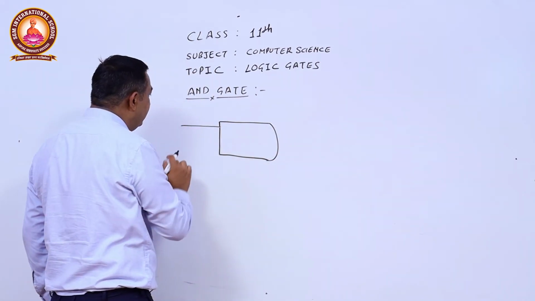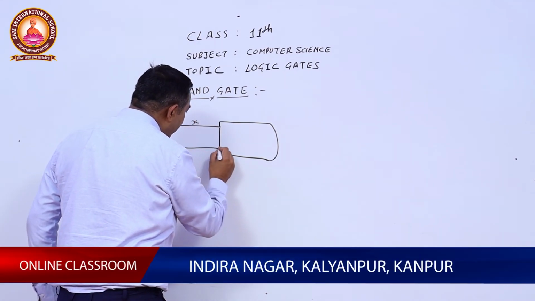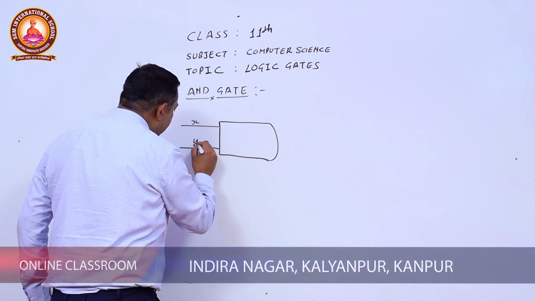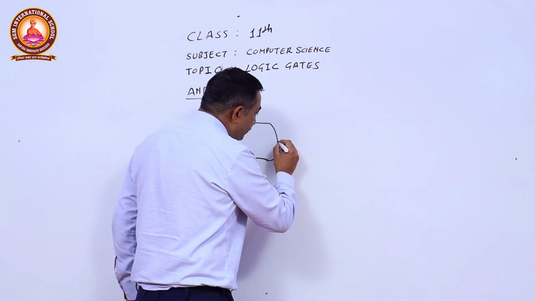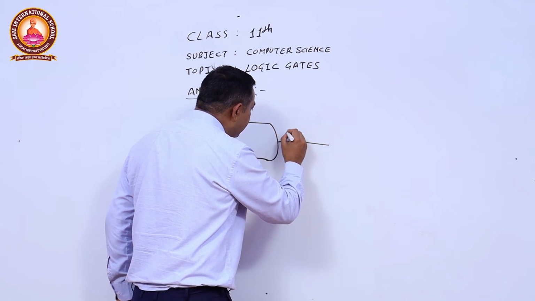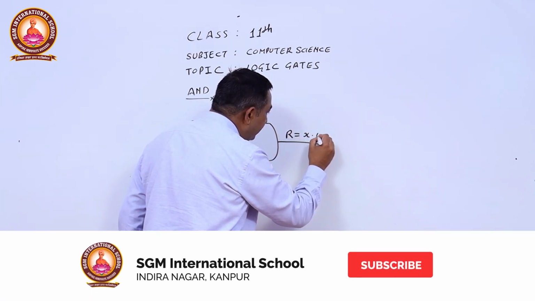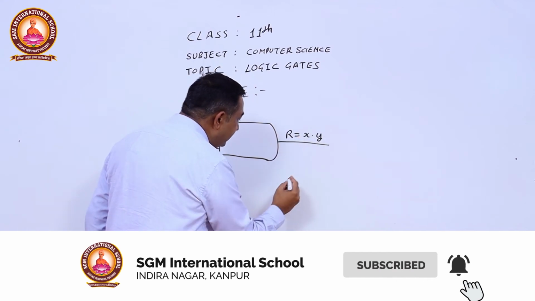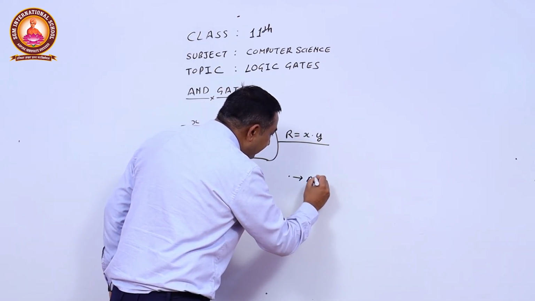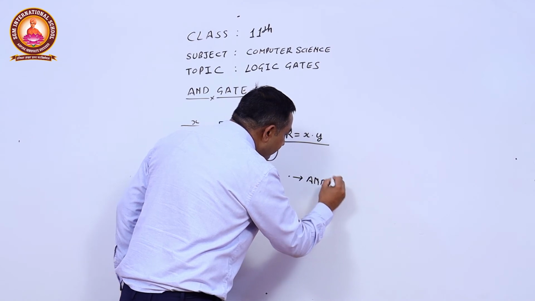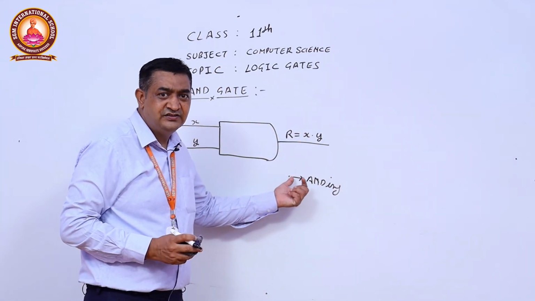This is the first input represented by X. Second is the Y input, represented by Y, and this gate also produces only one output, that is a logical multiplication X dot Y. Here the dot symbol represents AND. In mathematics it is known as a multiplication sign.